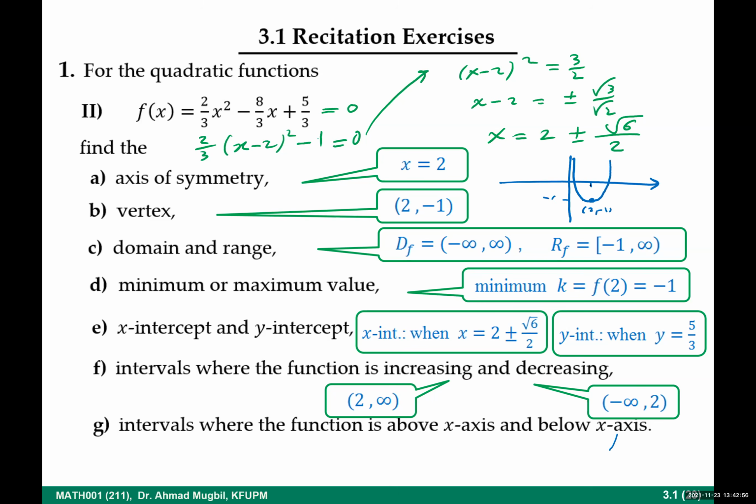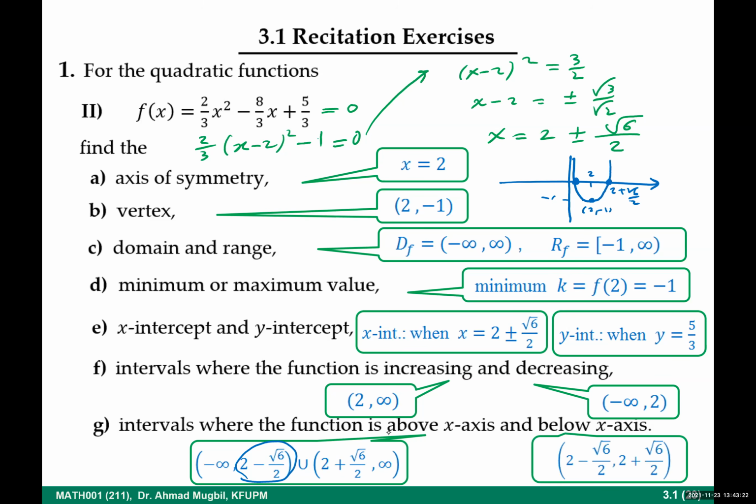So these are the 2 x-intercepts. This is 2 plus the square root of 6 over 2, and the one here is 2 minus. So it will be above where? From -infinity to the smaller x-intercept, union from the bigger x-intercept to infinity, and it will be below in between. And both are open.